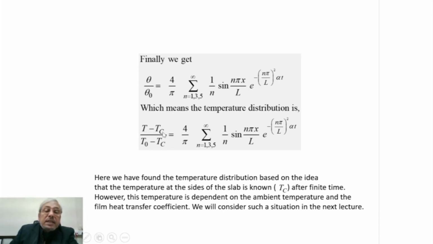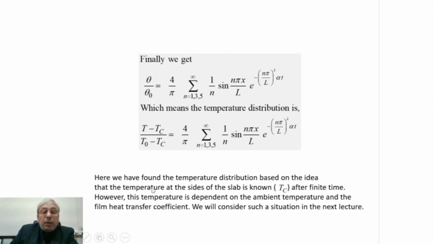Theta is T minus Tc, and theta naught is T naught minus Tc, equal to 4 by pi into summation over n equal to 1, 3, 5, all odd terms up to infinity, 1 by n sine n pi x by L e to the power minus n pi by L square alpha t. And for a given time and given x location, we can find out what the temperature should be. Temperature distribution is obtained that way.